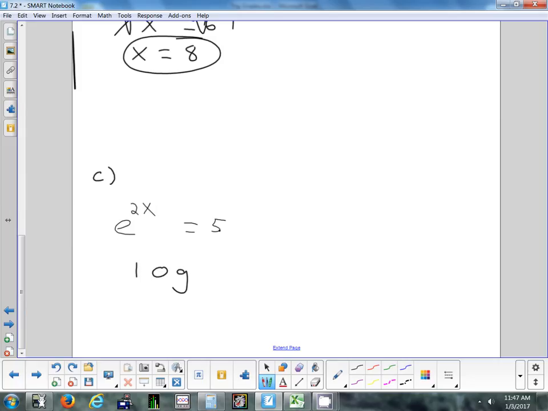Okay. Since I'm going to change to log, I'll just start by writing the word log. And Brian, what's my base here? Yep. My base is e. We'll come back to that in a second. And when you write something as a log, what goes by itself on one side? The exponent, which is 2x.